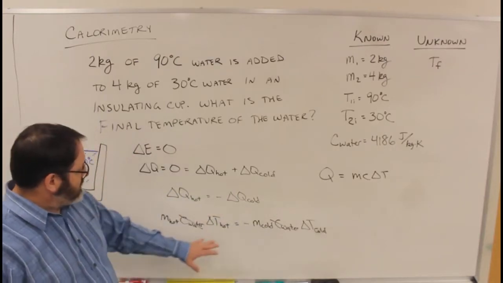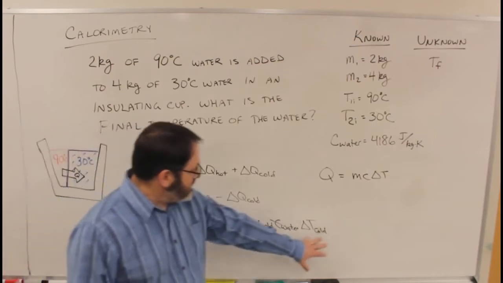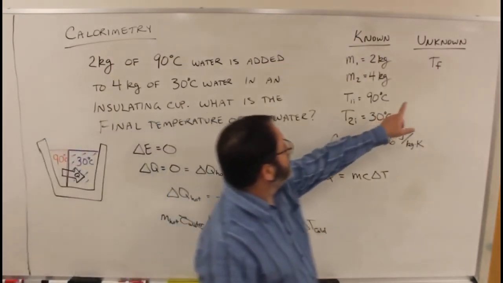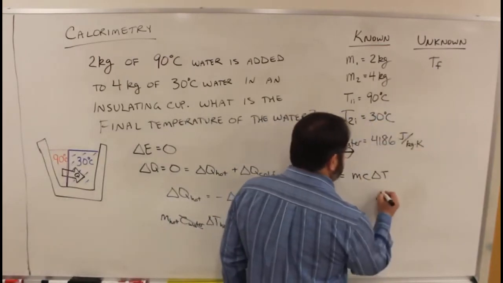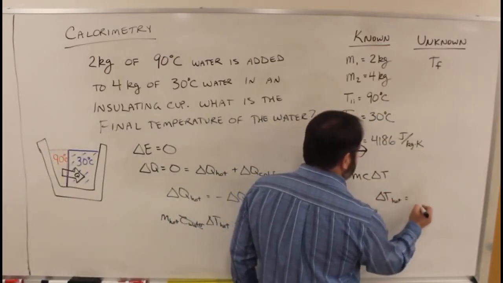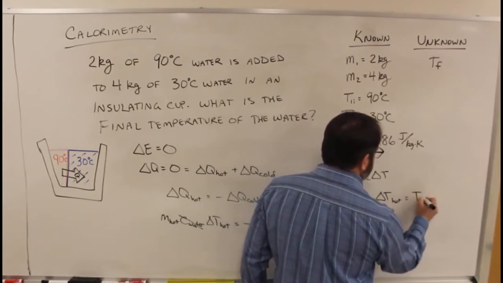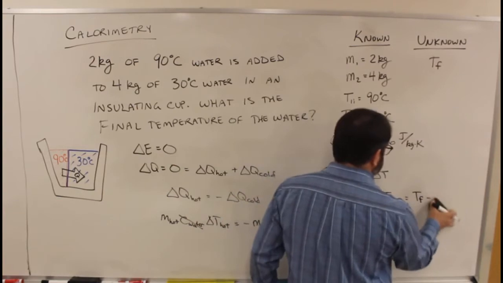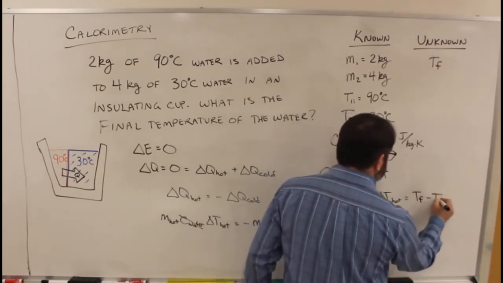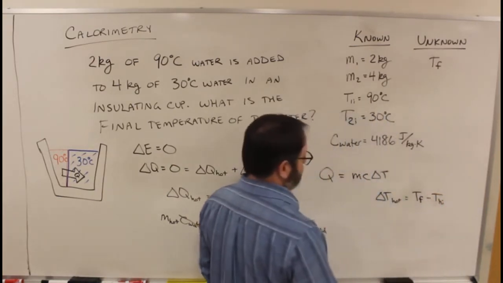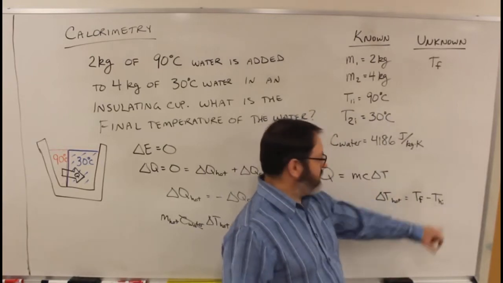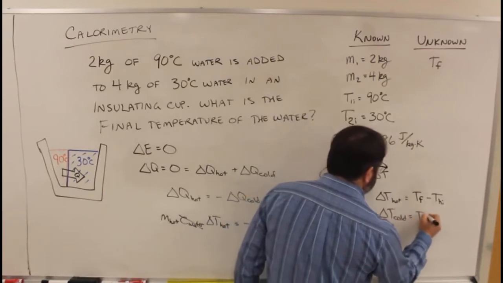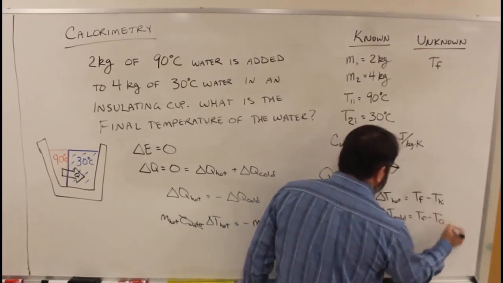All right. So we've got delta T hot, delta T cold. Delta T for hot would be T final minus T of the hot initial. And delta T cold is T final minus T of the cold initial.